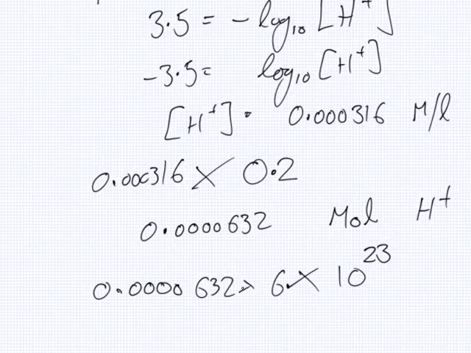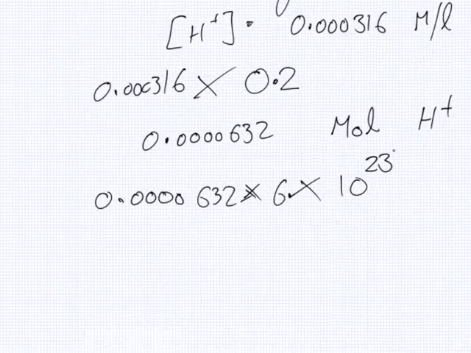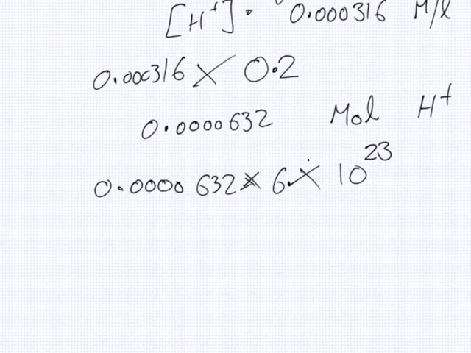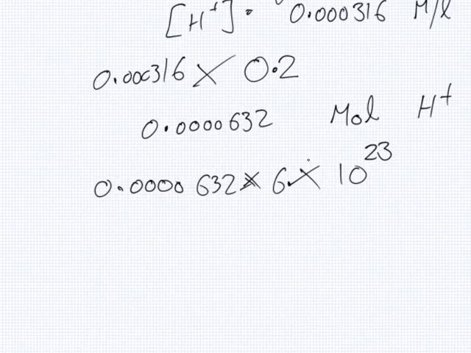If I want to make Avogadro's number 6 times 10 to the 23, that's what I'm going to do for maths class. Because I don't need to be super accurate here, because I'm going to round it off at the end anyway. So if I take my last answer and multiply it by Avogadro-ish, I'll get 3.8 times 10 to the 19.